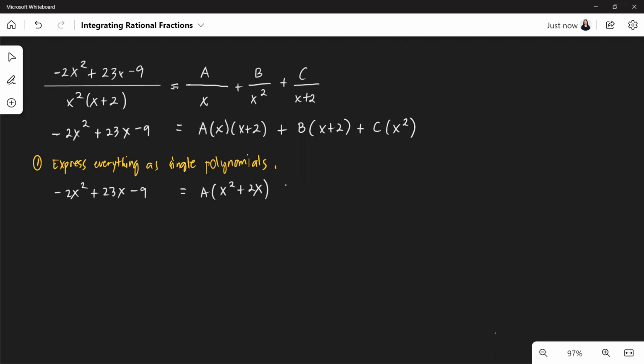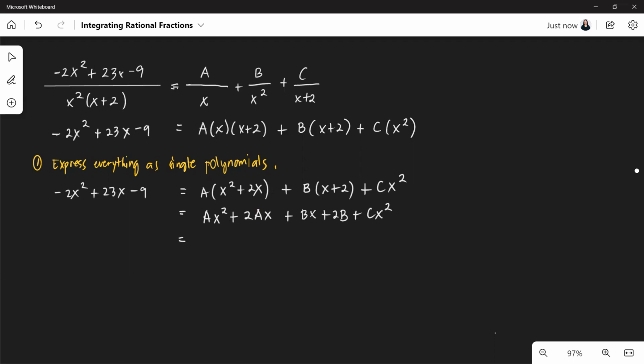Then for the second term, we have x plus 2 and c x squared. If we're going to distribute the constants, although this step is not required, let's show the complete solution, multiplying the second term, the b, with x plus 2, and then this is cx squared.